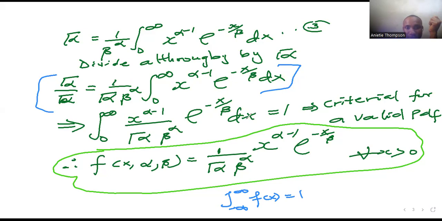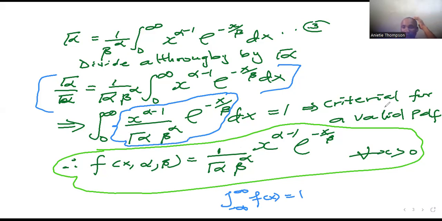Since we divide gamma of alpha by gamma of alpha, that is 1 time, so we have 1. Meaning that what we have here inside of this integrand is a valid PDF of this particular distribution.